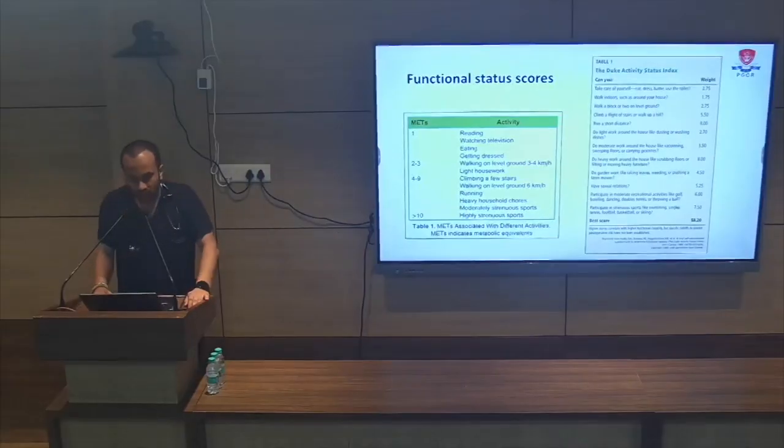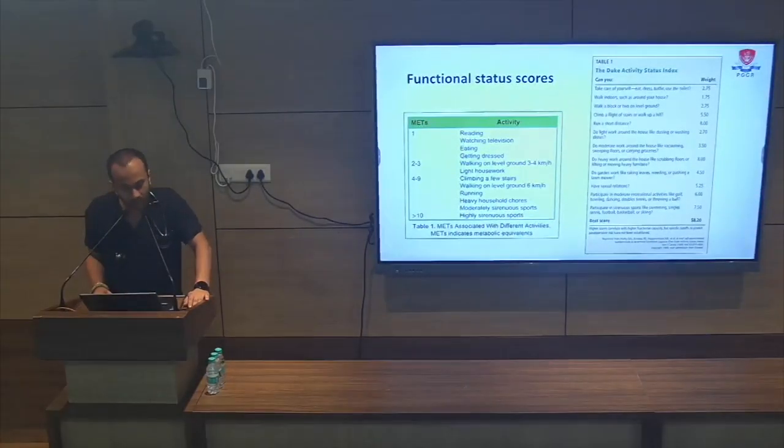Now coming to the functional status scores, the parameters of the functional status scores. For example, the patient is able to climb two sets of stairs, and walking on level ground at the speed of 6 km per hour. The metabolic equivalence for him, he can go to the surgery easily.